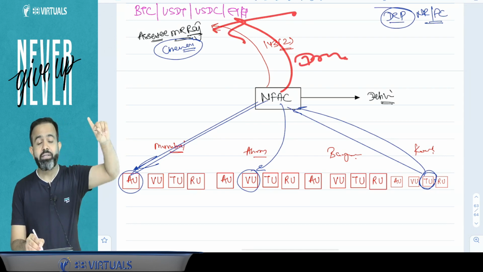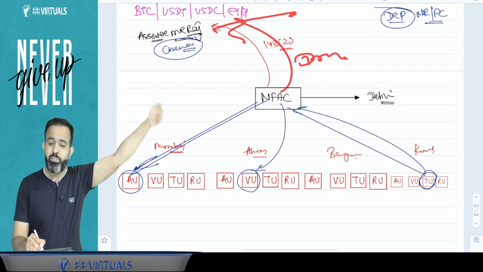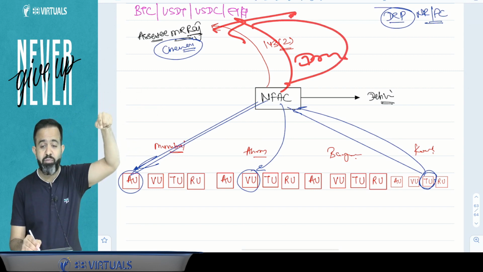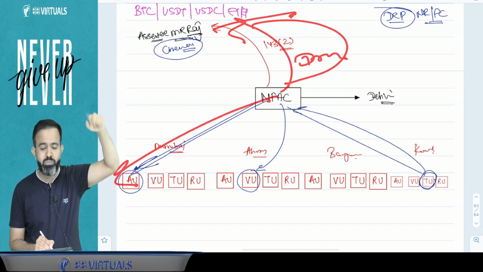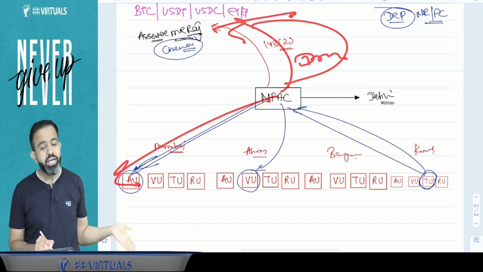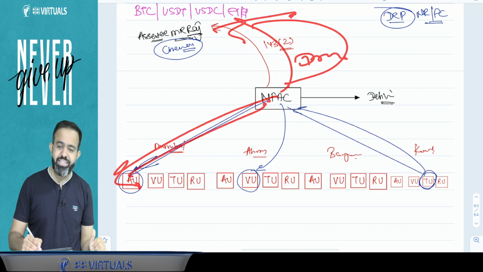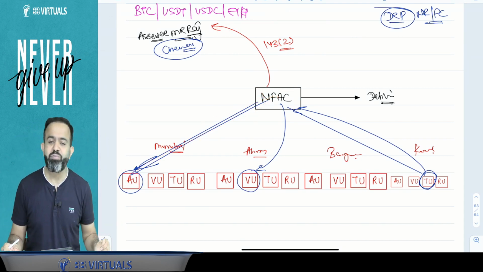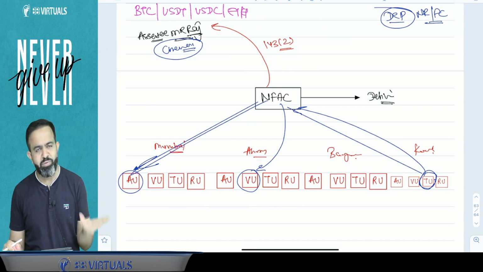Now the assessee will file an objection to the DRP, the dispute resolution panel. The DRP will give its direction to the NFAC, and NFAC will hand that direction over to the assessment unit. The assessment unit will pass the order in accordance with that direction, and that final order will be sent to the assessee. This way faceless assessment will be conducted.